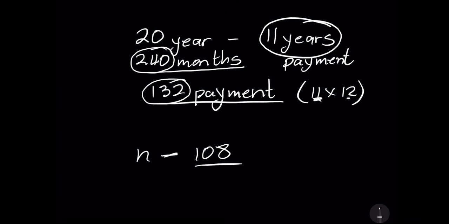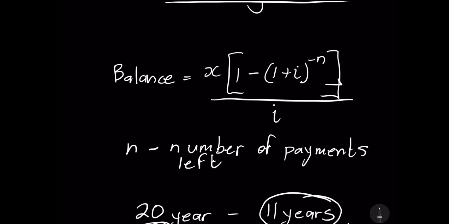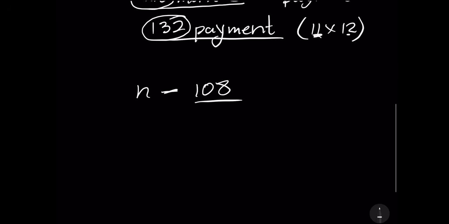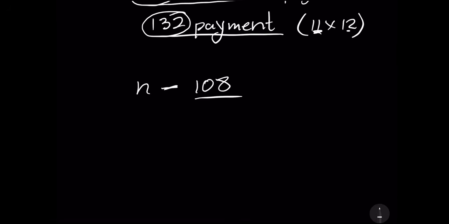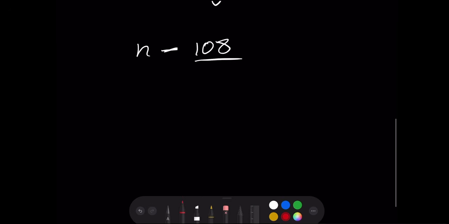Please remember, when you use this option, n is the number of payments that are still outstanding. Now, another very important warning, and maybe let me write this in red.